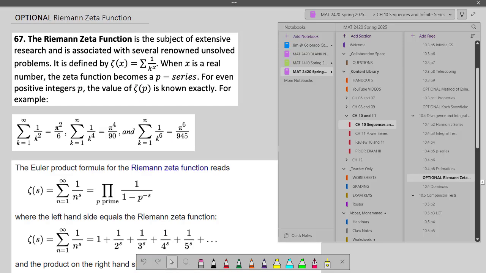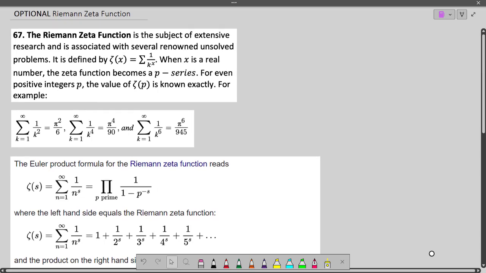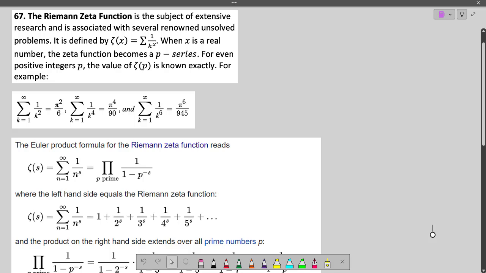So let's talk about this just for a moment. This is an optional topic, the Riemann zeta function. The Riemann zeta function is something that is used in math to predict the density of prime numbers, which is completely weird. First off, the Riemann zeta function has this form, 1 over k to the x, and if you pick specific x's like these evens, 2, 4, and 6, you can actually find what these sums equal.